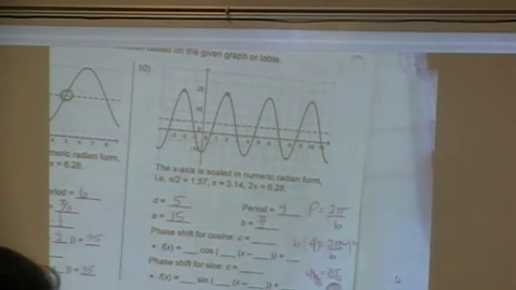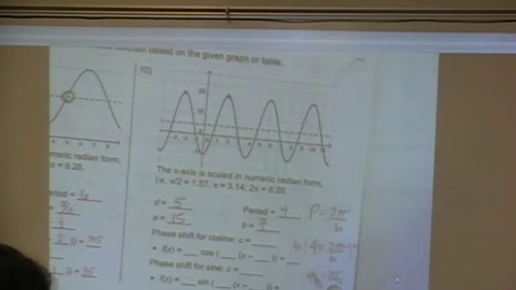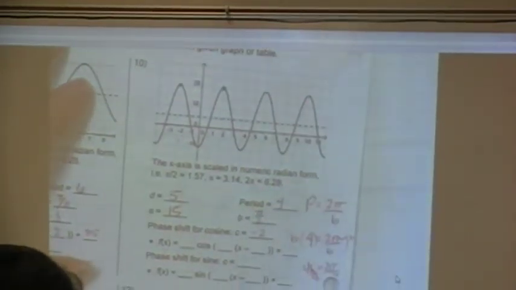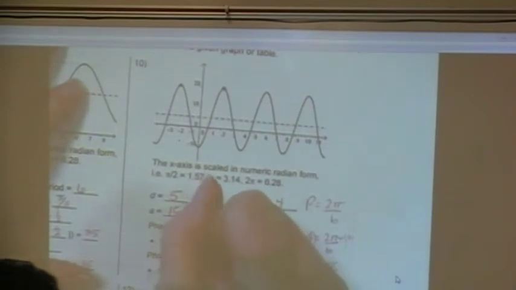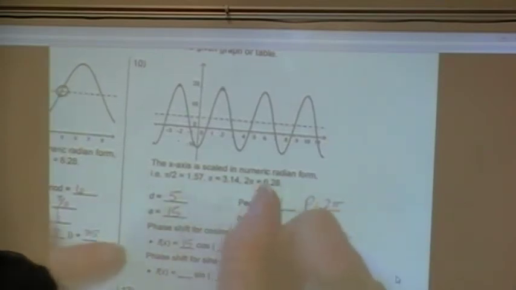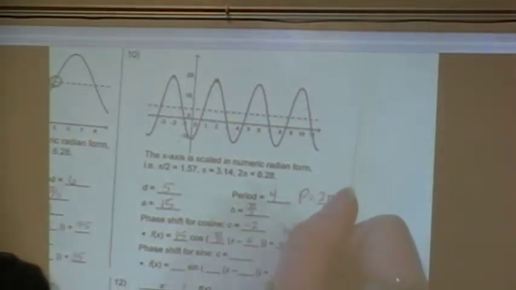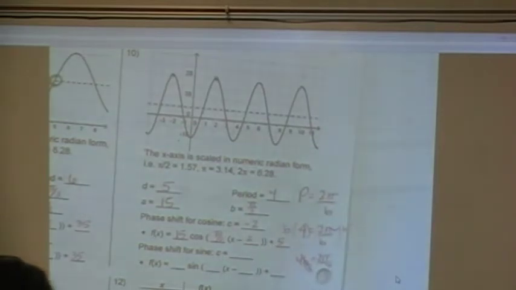You could use -2 or you could use +2. It's going to generate the exact same graph since the graph is continuous. I'll use this one, which is -2. So 15 is your A value, pi over 2 is your B value, -2 is your C, and 5 is your D.